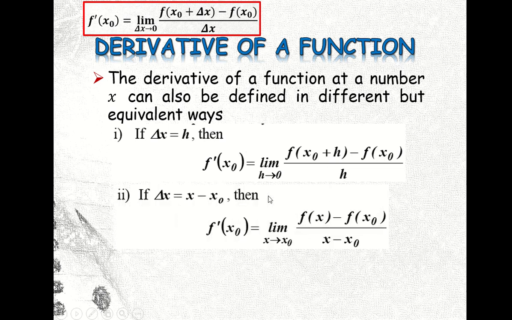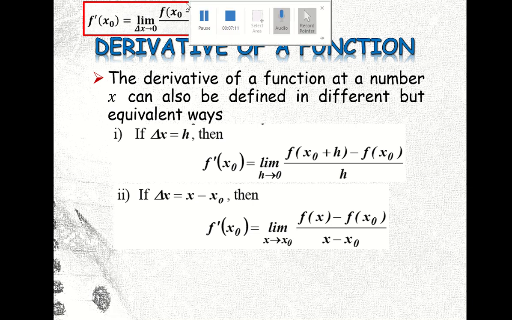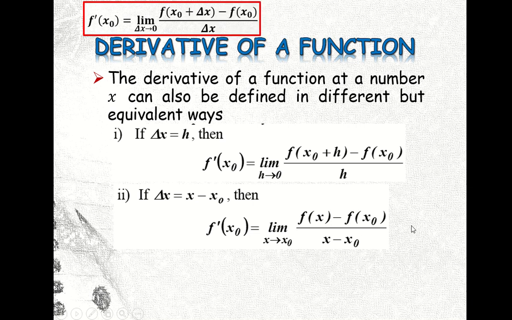Second, if we let delta x equal to the difference between x and x sub 0, in other words, you have to change delta x here with x minus x sub 0. So the formula will become something like this. This time it's less complicated to see.